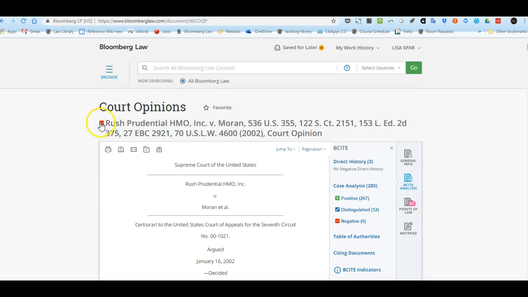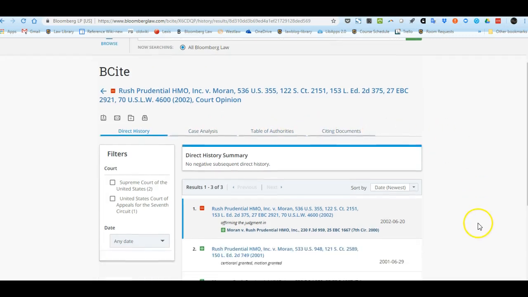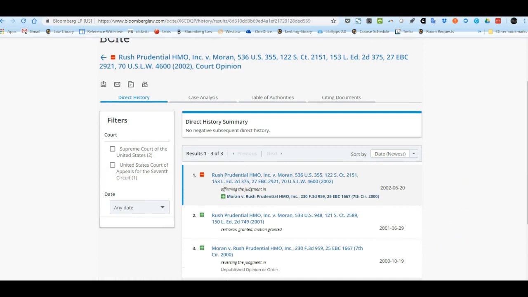If I want to see the full report, I click on the signal here, and I see my different tabs. So I can see the case analysis, table of authorities, and citing documents. Any questions?